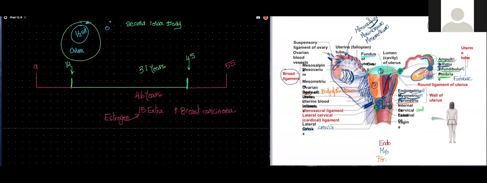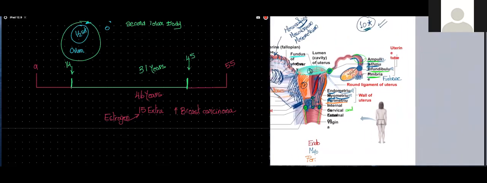Another 10 stars diagram is going to be showing the different parts of the uterus as well as the uterine tubes and the different ligaments attaching those reproductive organs in their place. This is a 10 stars diagram.